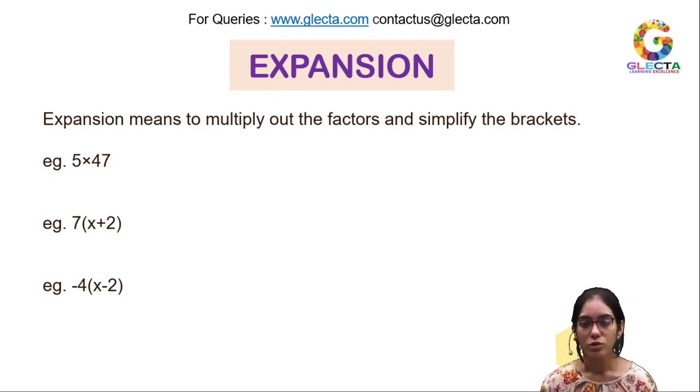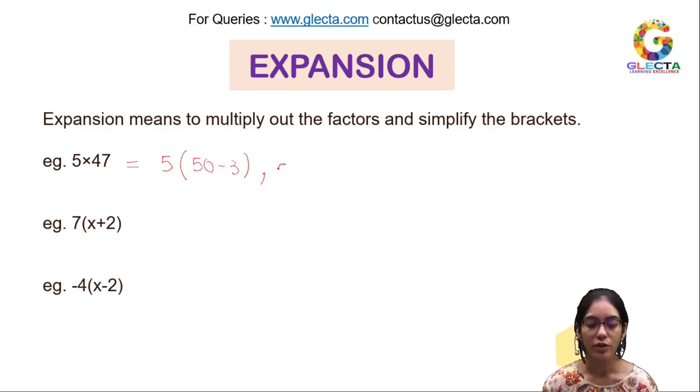For example, just to have a basic understanding, let's suppose we are provided with numbers, we have to multiply 5 into 47. So multiplying 5 into 47 means you can, but it's a bit calculative. So to make it easier, we can partition 47 into 50 minus 3, or we can do it as 5 into 40 plus 7.